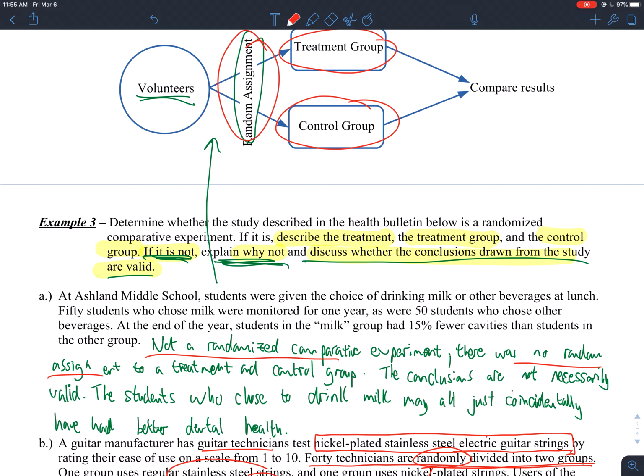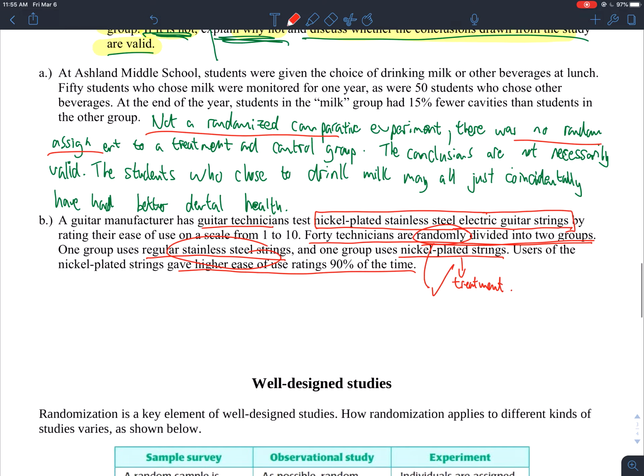Ooh, that seems good. And at the end, to have higher ease of use ratings means I have to compare ratings. Okay, so yeah, this definitely looks like, we can say this is a randomized comparative experiment.